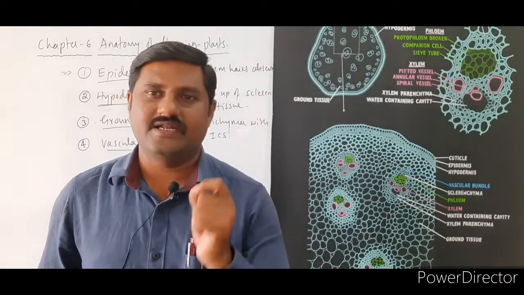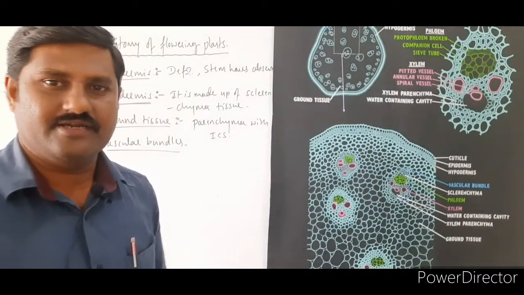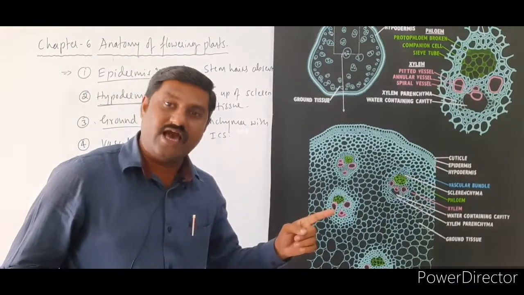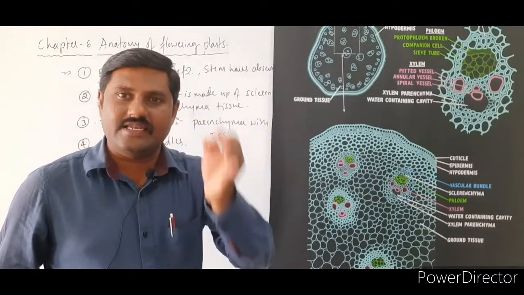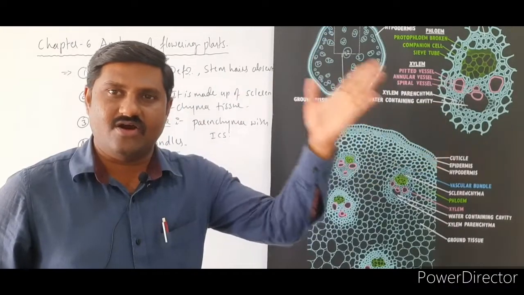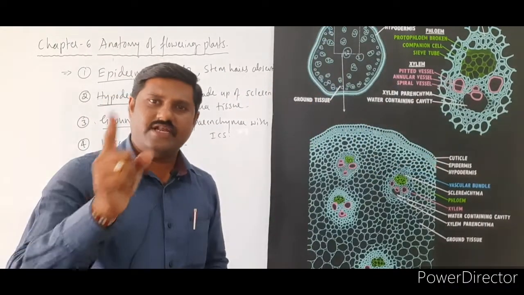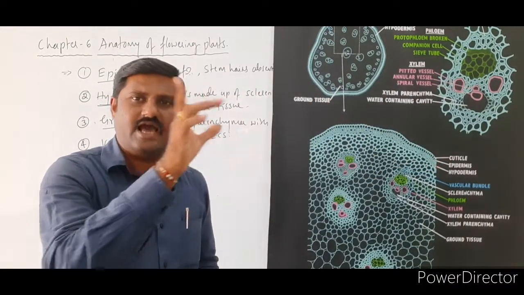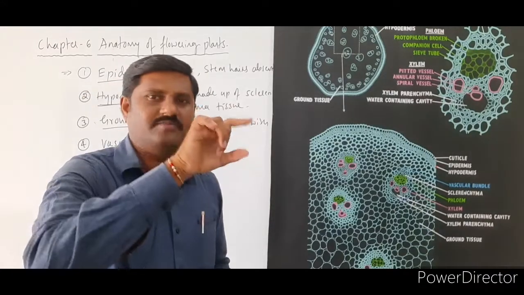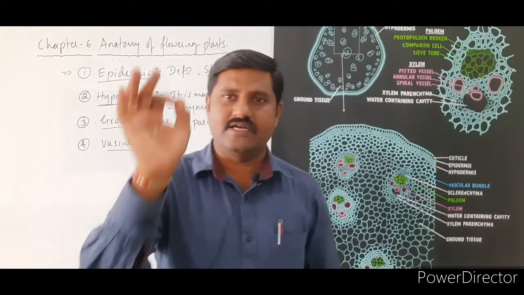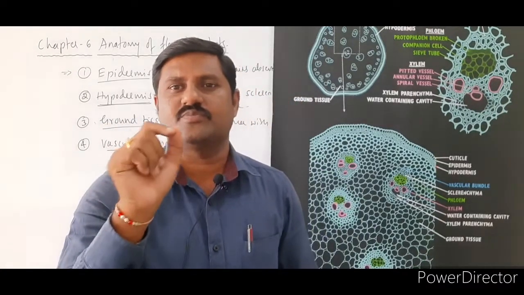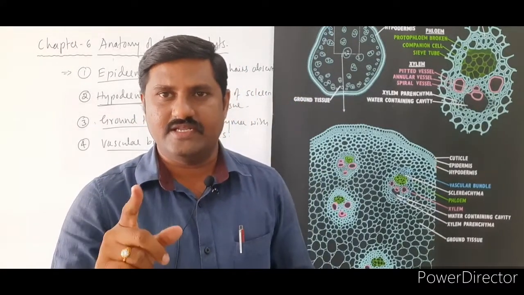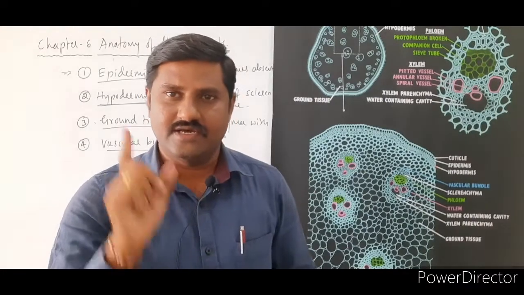But vascular bundles are arranged as if in a broken ring in case of a dicot stem. They were arranged circularly as if they would form a ring-like structure. In the diagram you have already seen, and it is described as broken ring, right?